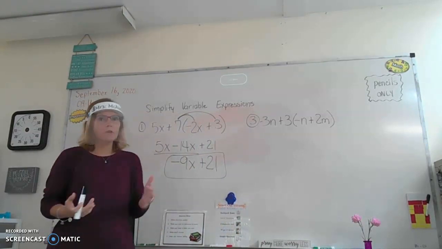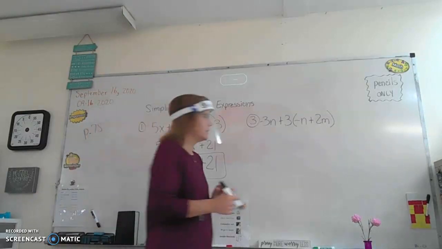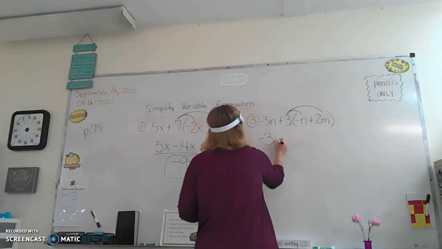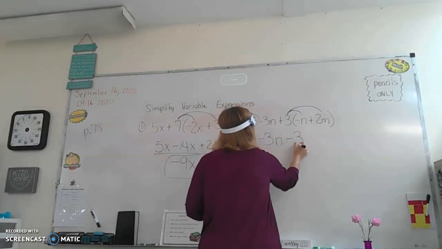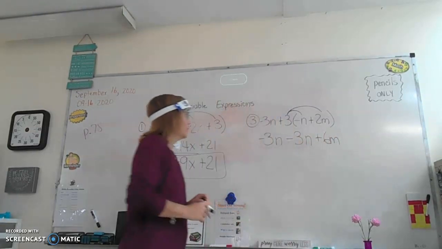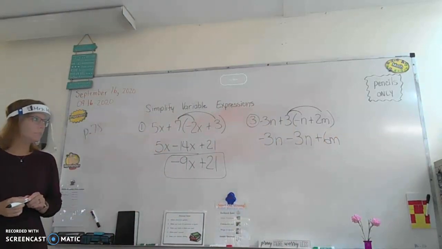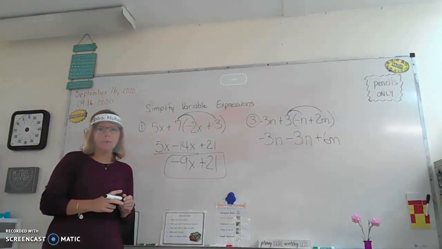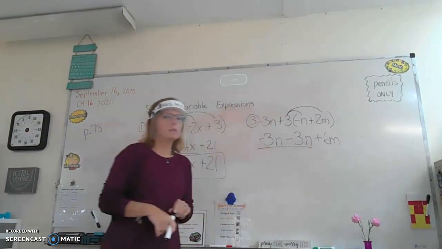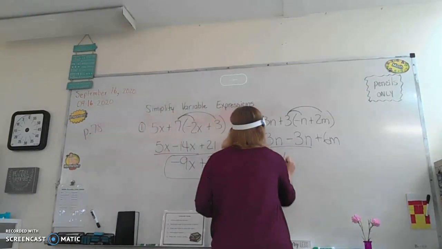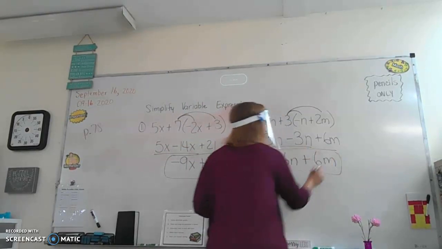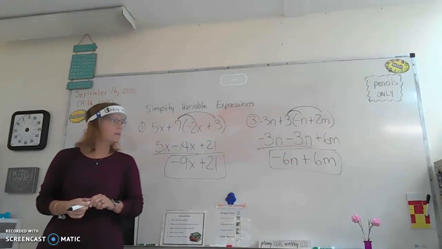I'm going to distribute first, and then I'll combine my like terms for the second step. And what can I combine in this problem? Negative 3n. Yep. So what is negative 3n minus 3n? Negative 6n. Yeah, good. And then 6m is going to stay alone because it has no matches.